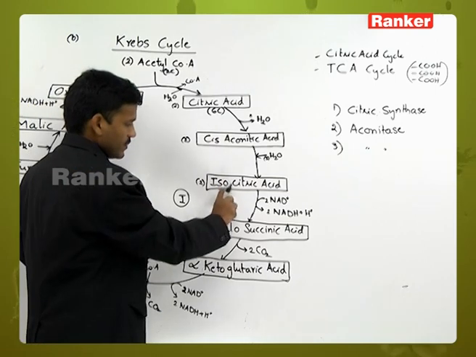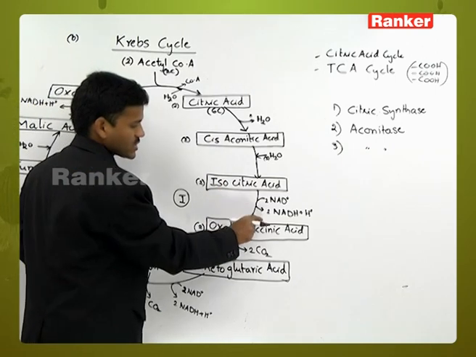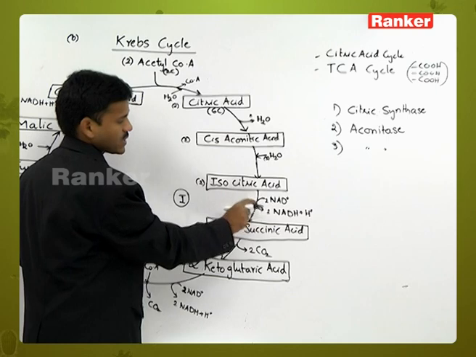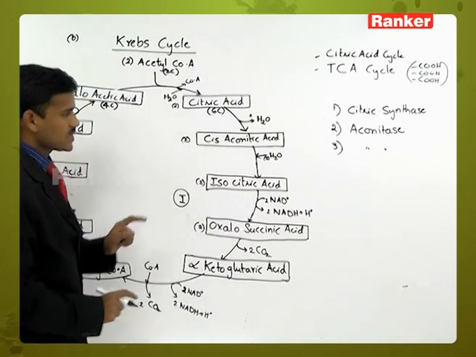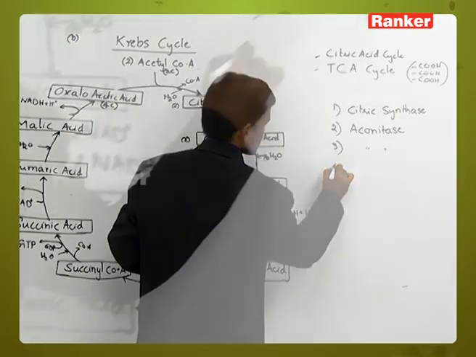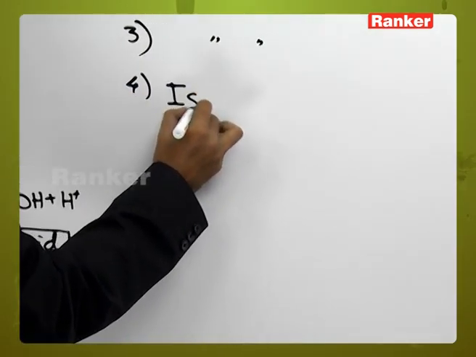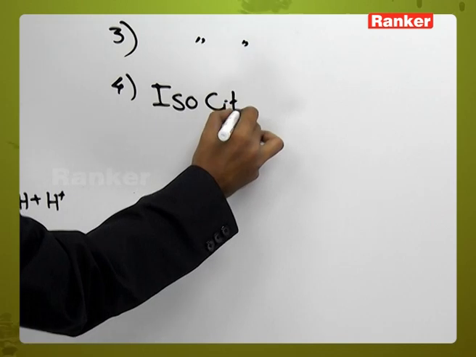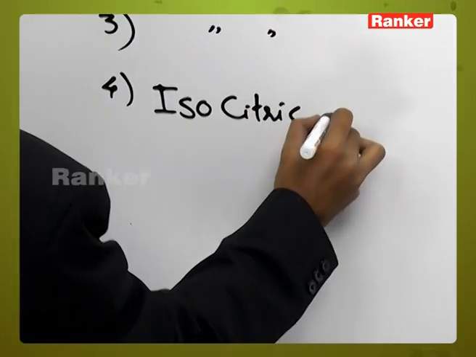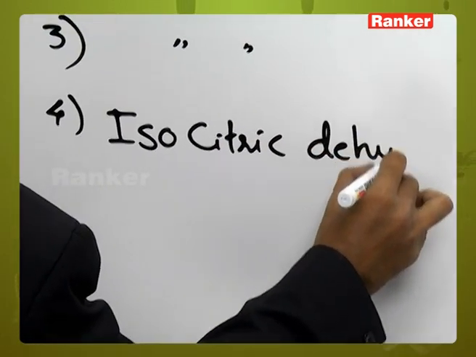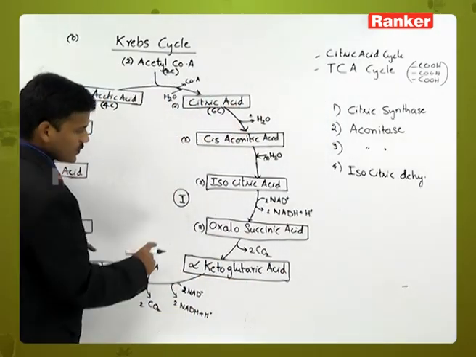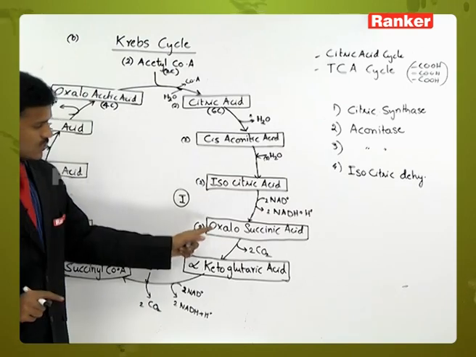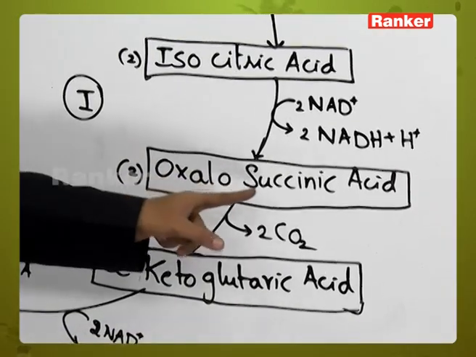Between these two components, the first oxidation of the Krebs cycle takes place. So two NADH2s are produced. This reaction is catalyzed by isocitrate dehydrogenase.